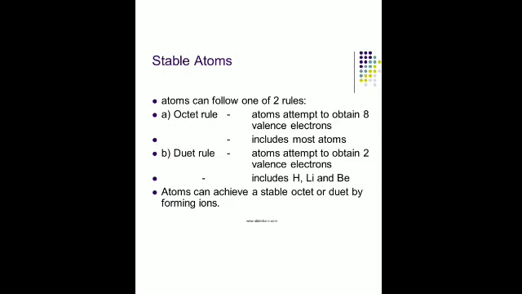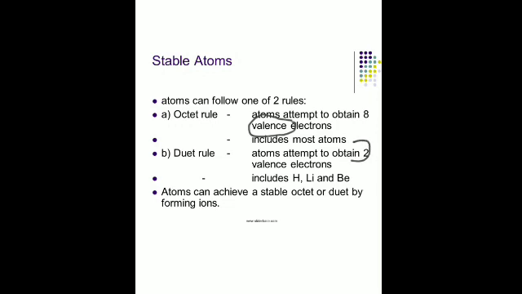So you must have understood that atoms can follow one of 2 rules. The octet rule: atoms attempt to obtain 8 valence electrons. Valence electrons means the electrons which are present in the outermost shell, and this includes most of the atoms. Then the duet rule or the duplet rule: atoms attempt to obtain 2 valence electrons.